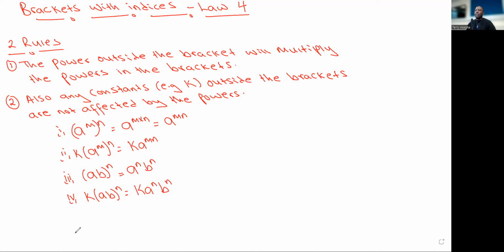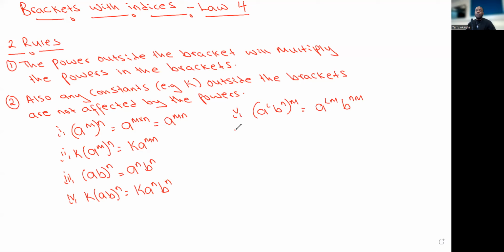Now, if for instance you have something like (a^l b^n), all raised to the power m, you multiply it. So remember the powers are going to be a^(lm) and b^(nm). Is that okay?